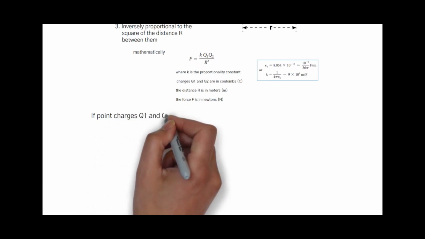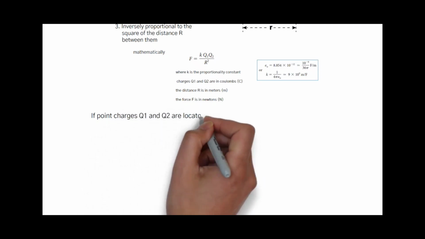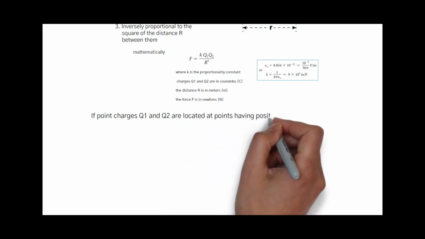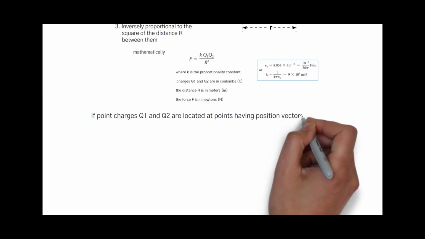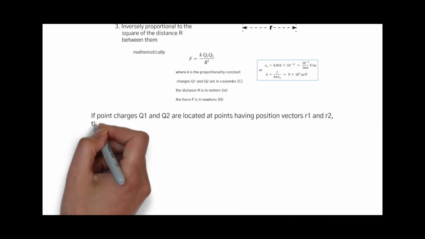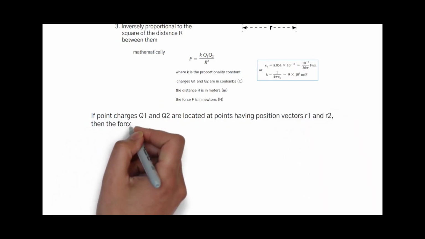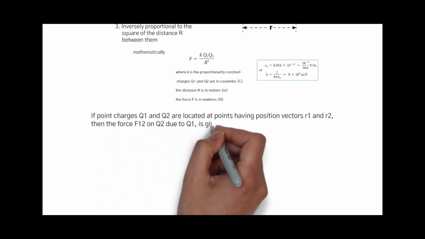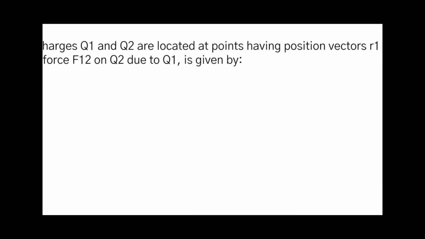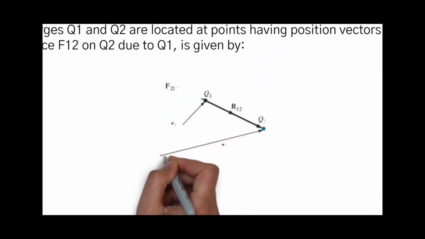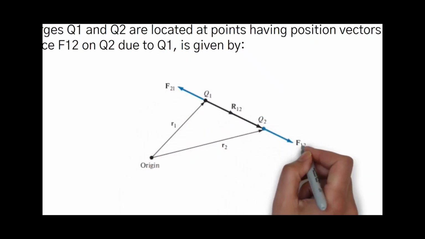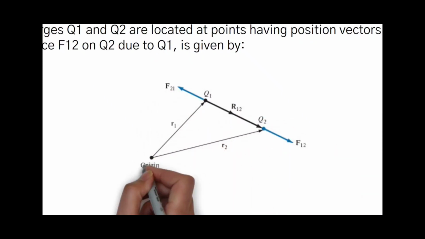If you look at the vector representation, if the point charges q1 and q2 are located at points having position vectors r1 and r2, then the force between these two charges will be represented as F12 and F21. If we look at the figure, there are two charges, q1 and q2. F21 represents the force on charge q1 due to q2, and F12 represents the force on charge q2 due to q1.